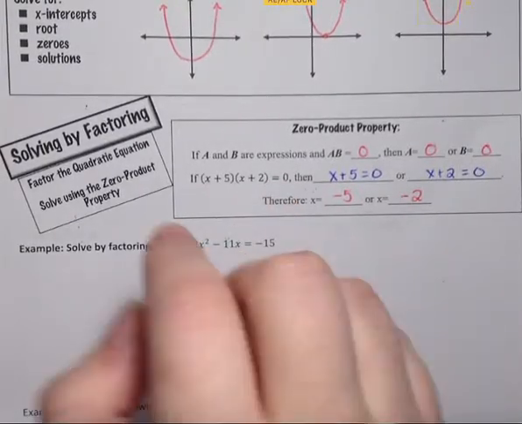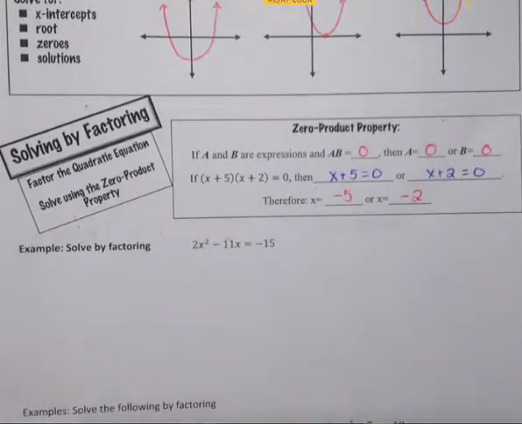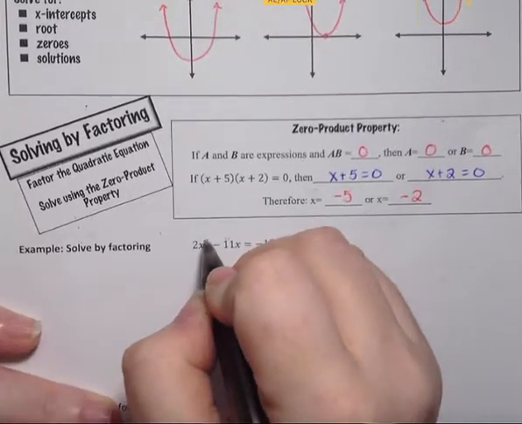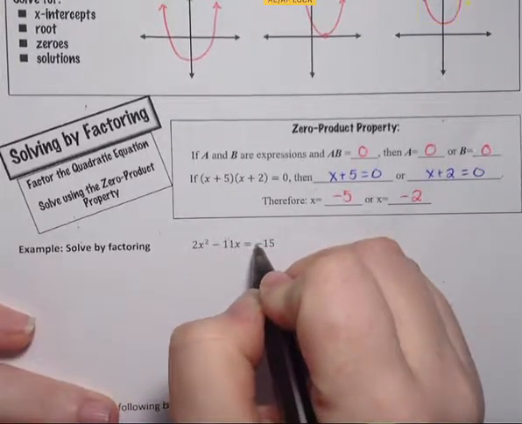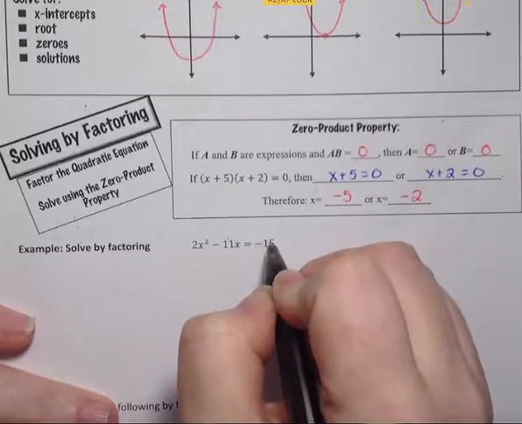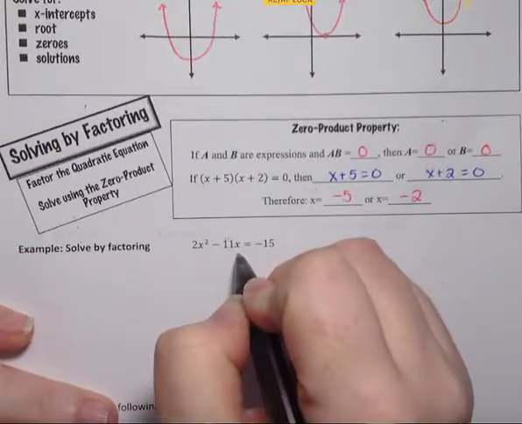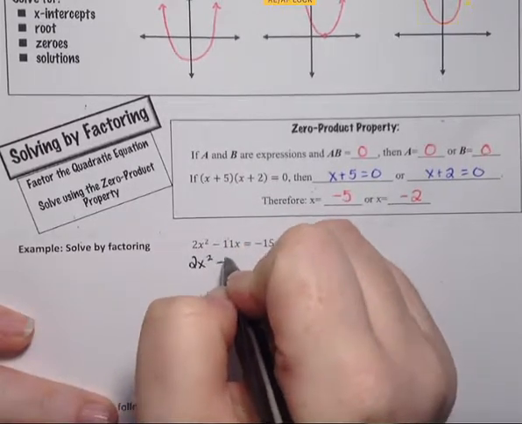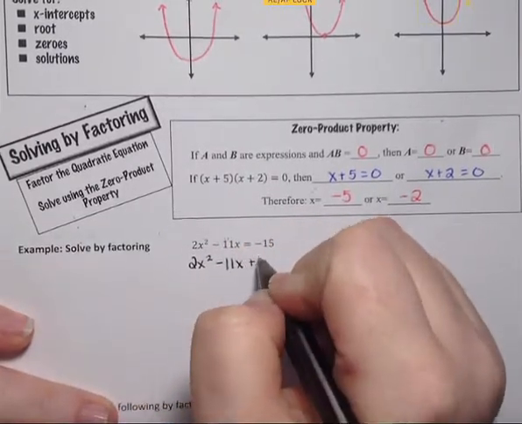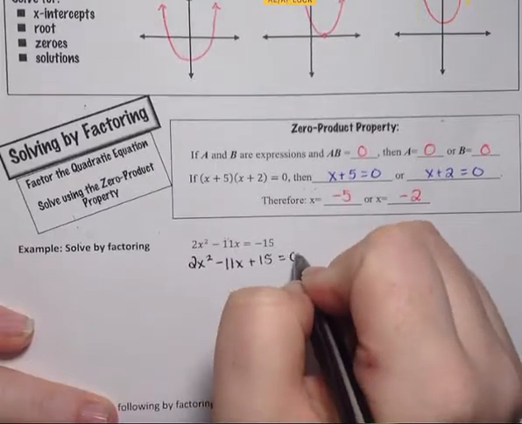So I need to put this into standard form. I already have a positive 2x squared, then I have the negative 11x, but my negative 15 is on the wrong side. I need to add this to the other side, so we'll end up having 2x squared minus 11x plus 15 is now equal to 0.